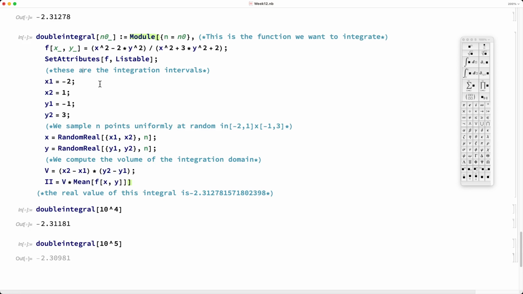So here I've made a mistake. The code will run once correctly, but the second time it runs, it will give the wrong result. The reason is I'm using x and y to define the function f here, but here I'm defining x and y to be lists of numbers.